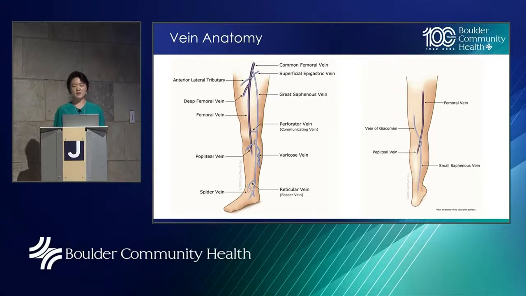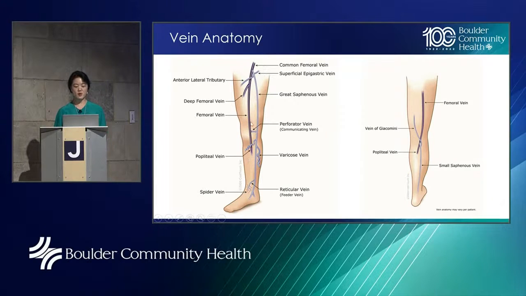When we speak of varicose veins and venous hypertension, or in other words, high blood pressure in the veins, most of the time we are talking about the superficial system. In this diagram, the superficial system is the lighter blue, the deep system is the darker blue.